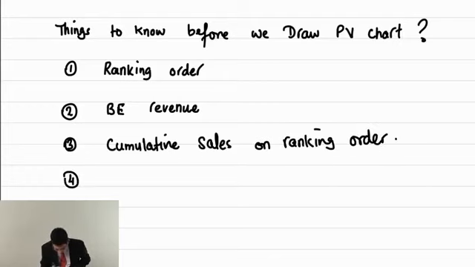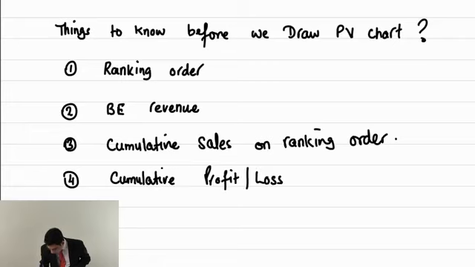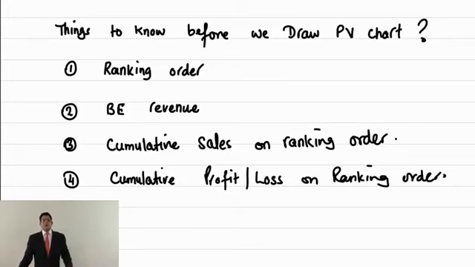And fourthly, we need to know cumulative profit or loss on ranking basis. If you can pull out these four things from the data, you can easily construct a profit volume chart.